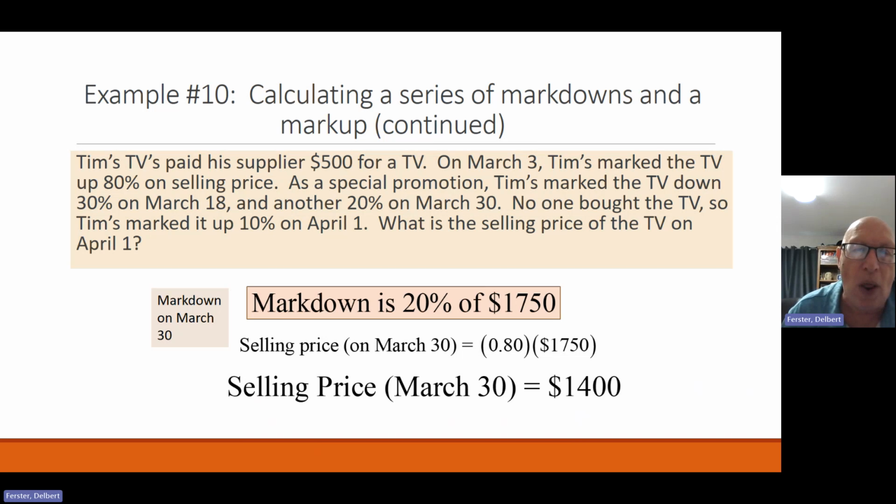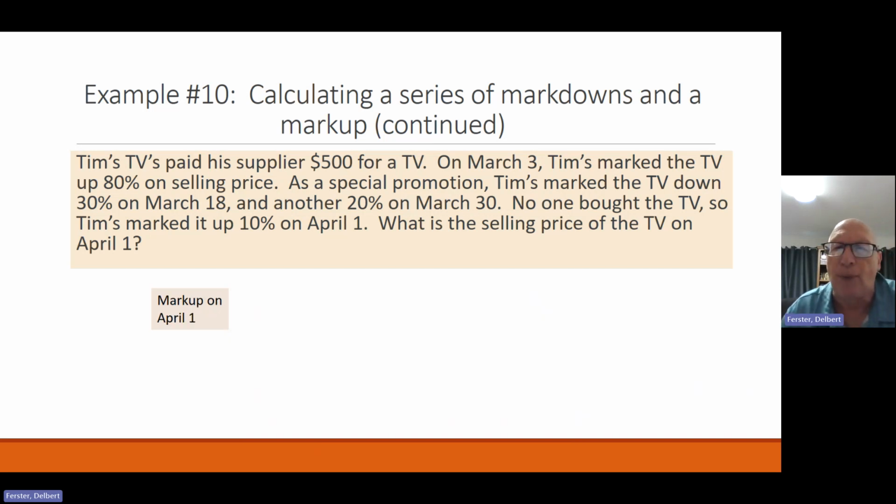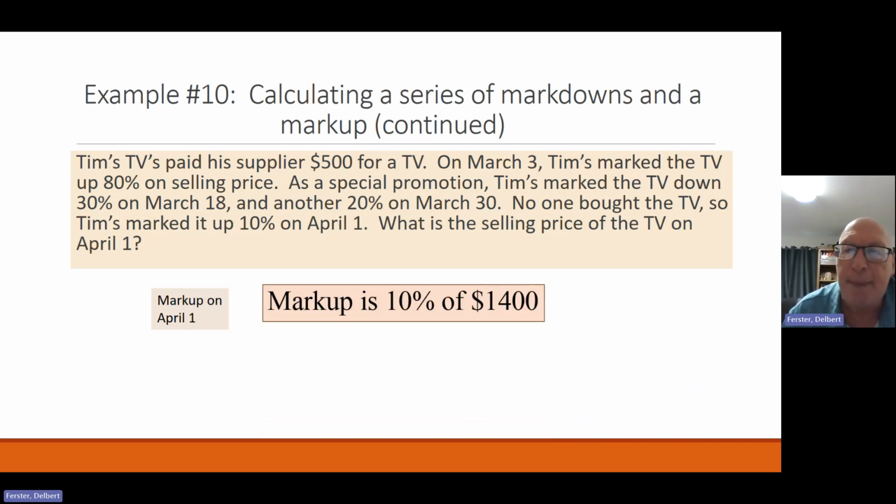This time we will not take away a markdown percentage. We'll add on. So we won't see a number like 80%, as we saw here, 100 minus 20. We'll see 100 plus the 10. But it's the same context. So let's talk about April 1st: a 10% markup on that $1,400.